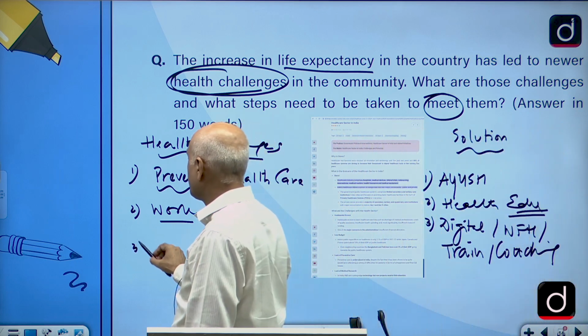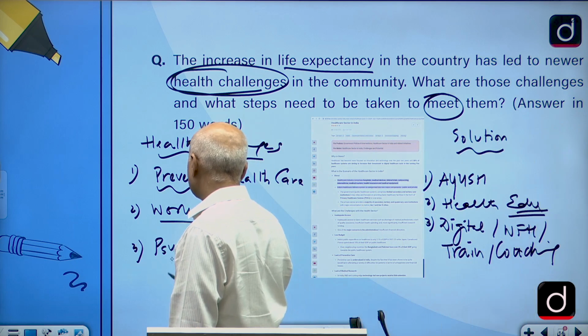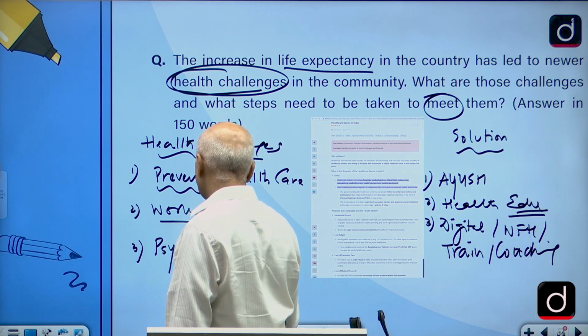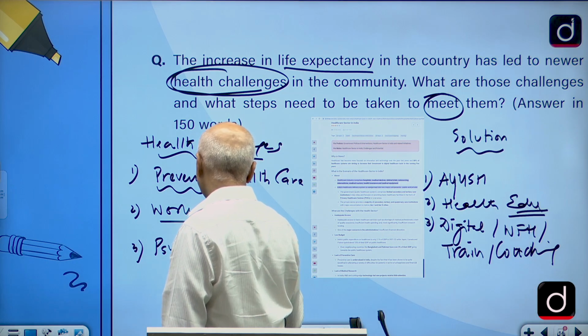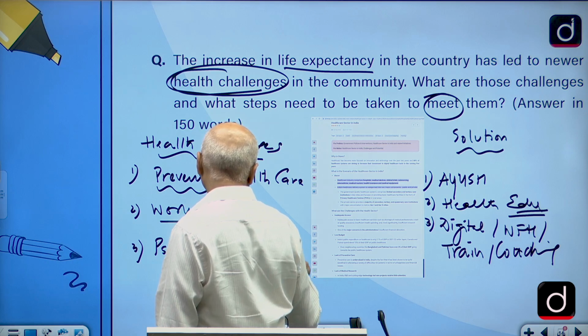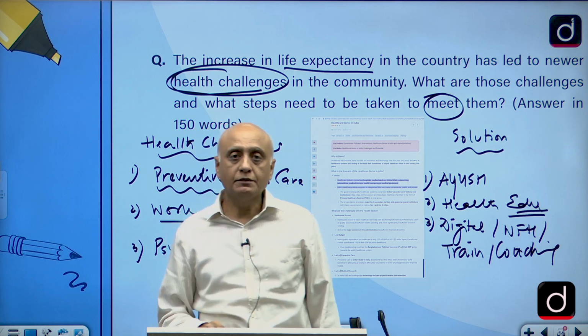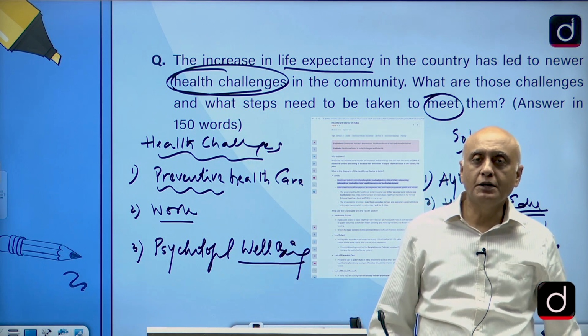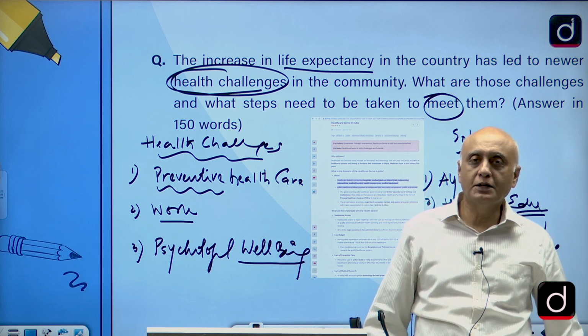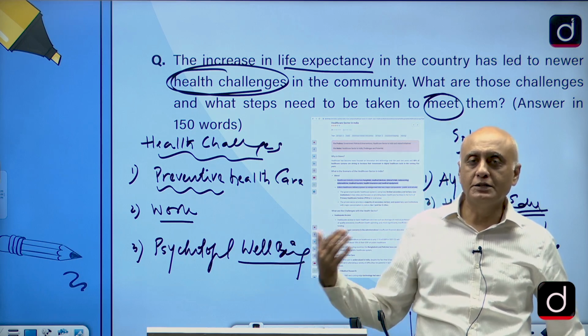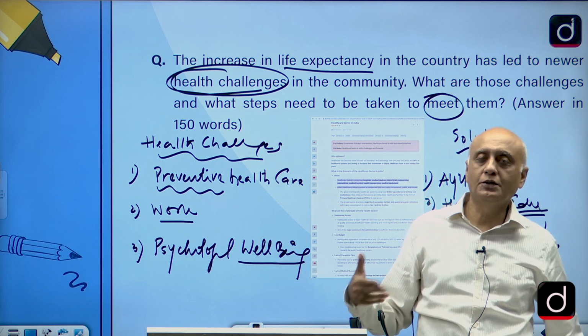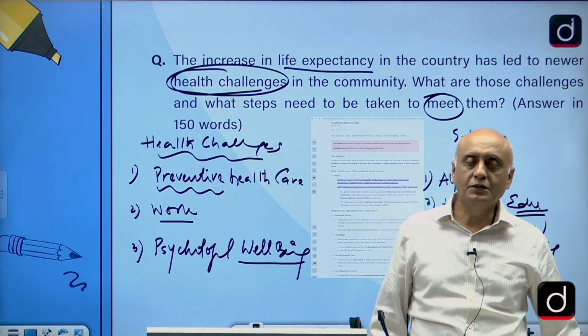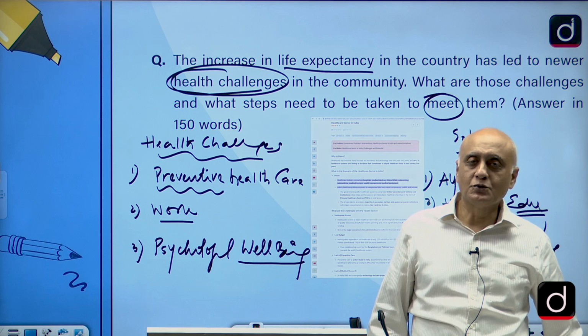The third challenge is psychological well-being, which is a part of the gross national happiness. Generally, after a certain age, a person feels neglected, because the young people of the family are busy in their work, and the person has retired, so he or she has no friends, and no family members to sit with.